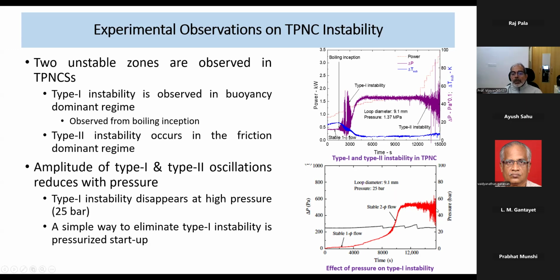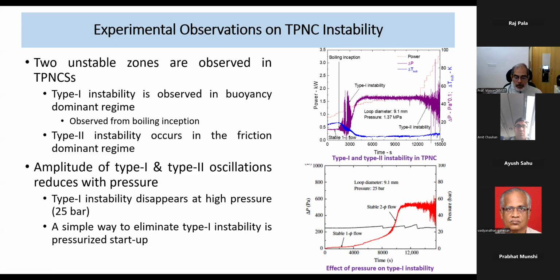And of course, for type 2 instability also, the amplitudes significantly reduce. We were designing this ASWR, and ASWR also has this type 1 and type 2 instability. And a very simple way to eliminate type 1 instability is to have a pressurized startup.